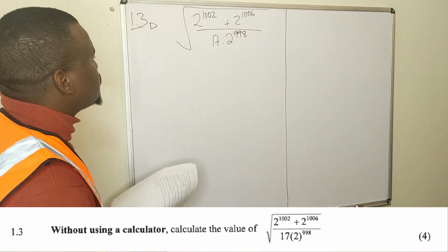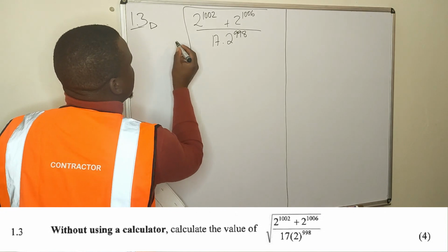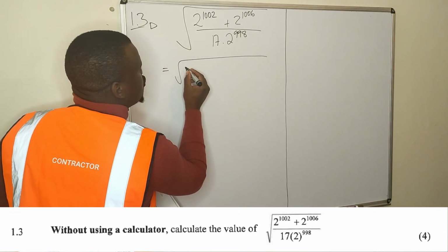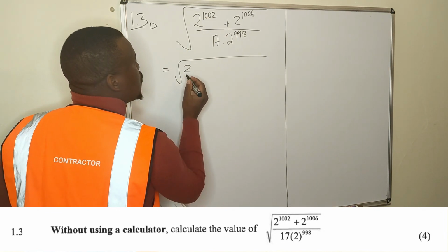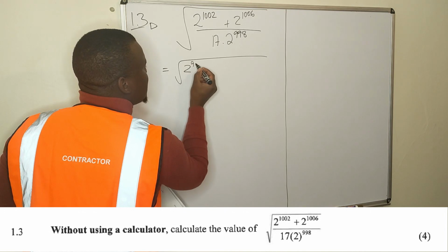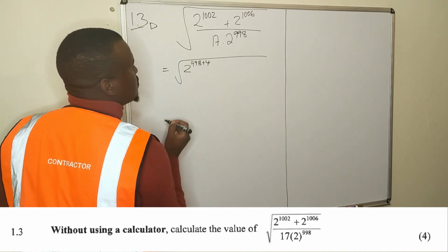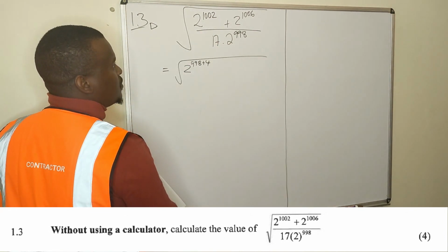So let's do this. I'm given this, so I'll say this should be equal to 2 raised 1002. 1002 is equal to 998 plus 4 units. If you add that, it should give you this thing.